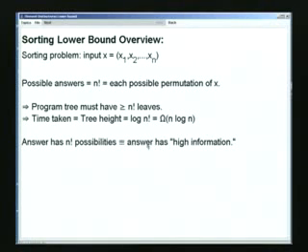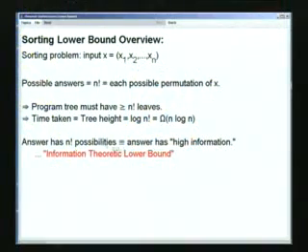The answer can take n factorial different values, so the information quantity in it is high. In fact, information theory measures information as the log of the number of ways. In this case it's going to be log of n factorial, very roughly.